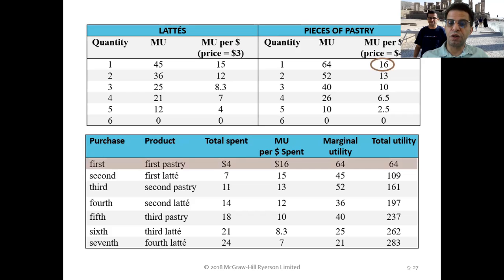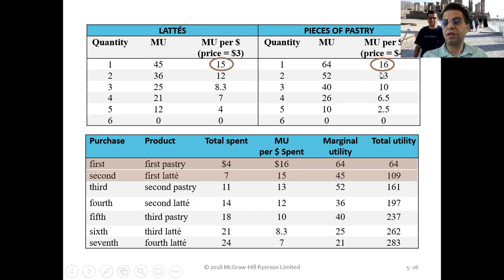Now, the first one is going to give us pastry 16. The second one gives us 15 as a latte. And instead of getting 13 here, we'd rather get 15. Now, we still have 12 if we go for the second latte, or we get 13 if we go for the second pastry.